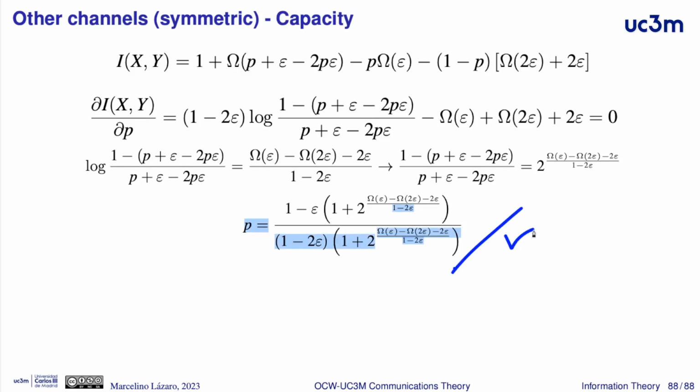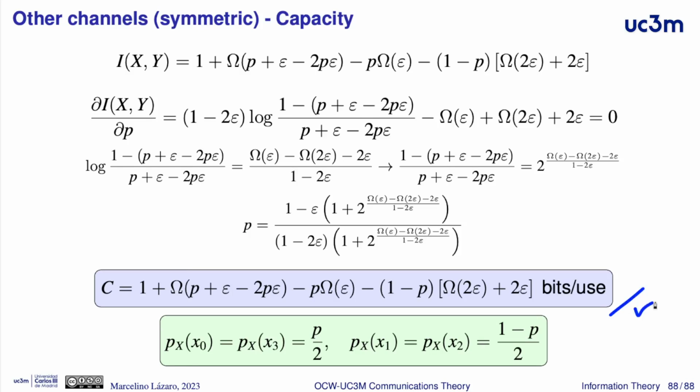And this parameter p now provides the four probabilities for the input symbols, because we have parameterized the four probabilities in terms of a single parameter. And with this single parameter p, now we can compute the channel capacity, and we can get the input distribution that maximizes the mutual information between the input and the output.